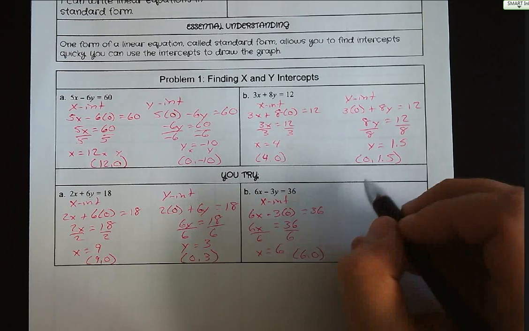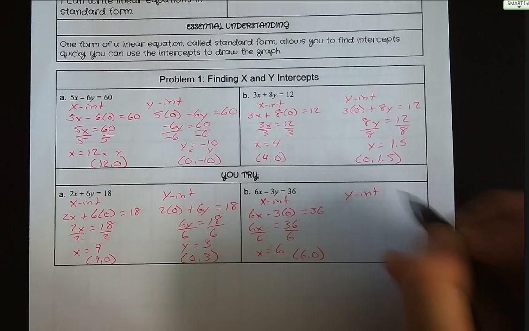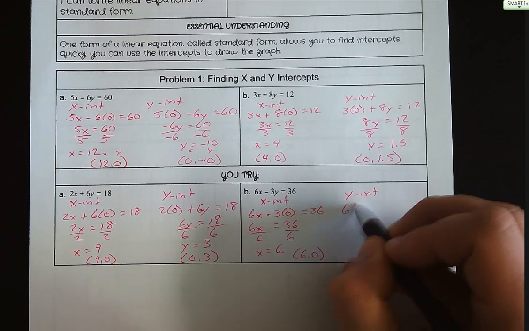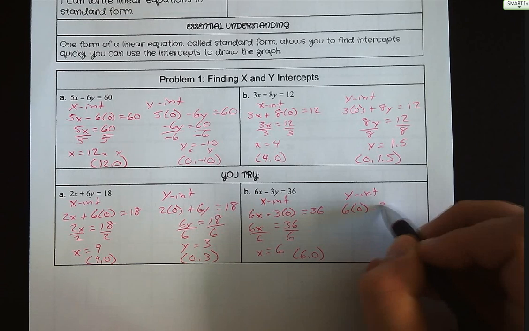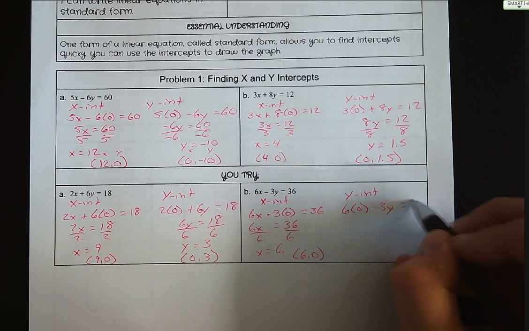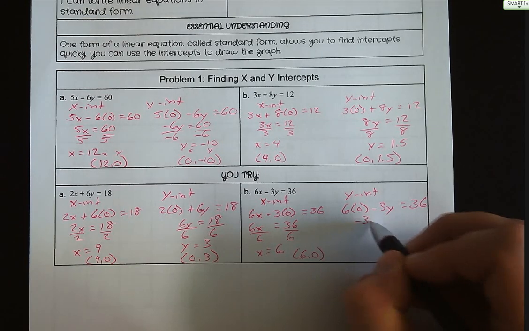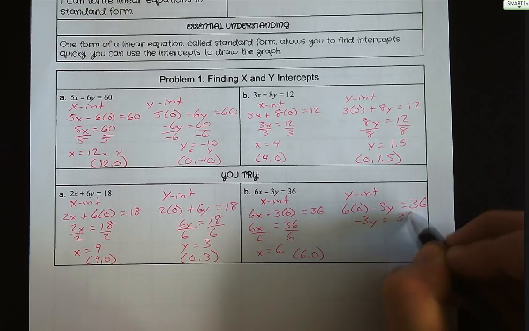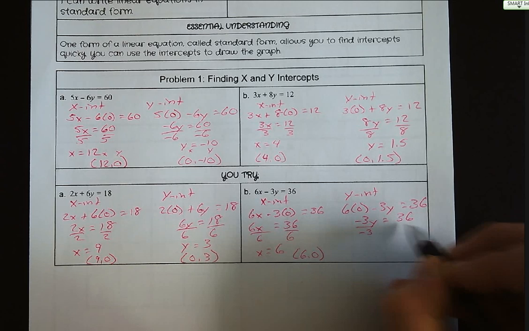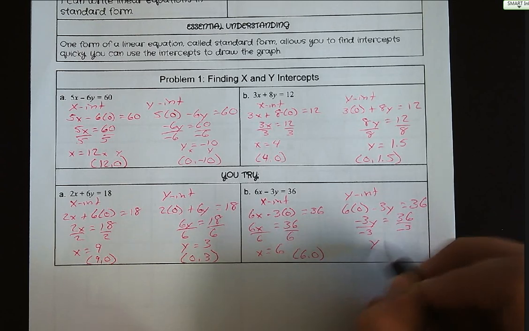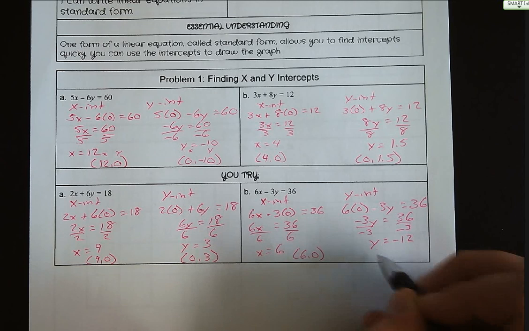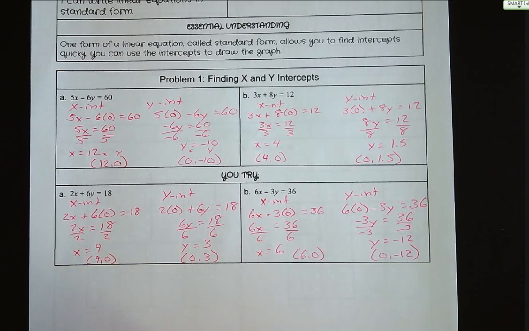Our y-intercept, we're going to plug in 0 for x. So we have 6 times 0 minus 3y equals 36. So negative 3y is equal to 36. Divide both sides by negative 3. And y is equal to negative 12. So the ordered pair is 0, negative 12. Okay.